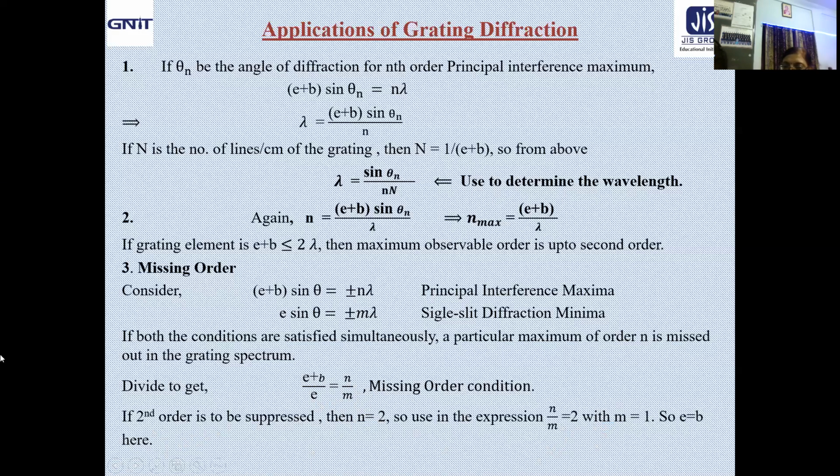That means the condition you have to choose is e equal to b for missing order. Because if e equal to b, that is slit width equal to the separation between the slits, then from here you will get n by m equal to 2. So by putting m equal to 1, you can get n equal to 2. So second order you can suppress very easily.